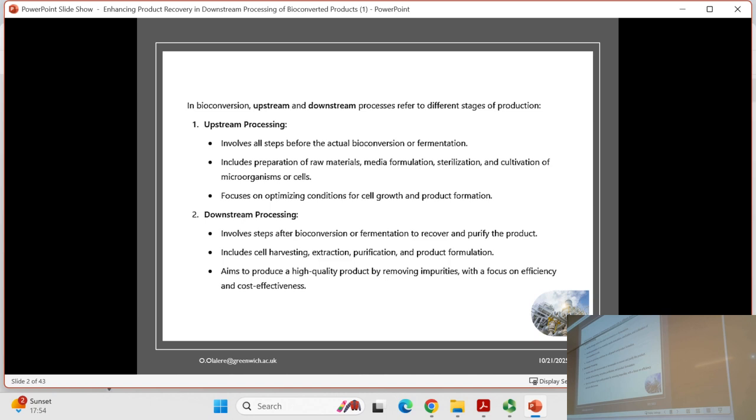Now, for the downstream, it involves steps after bioconversion. So once you finish everything inside your bioreactor, what are further steps to further purify it? We won't be able to finish this, but maybe we'll do half of it. The next week, from there, we move to fermentation. I think that will make sense. And by that, I expect that you should be able to start your design.